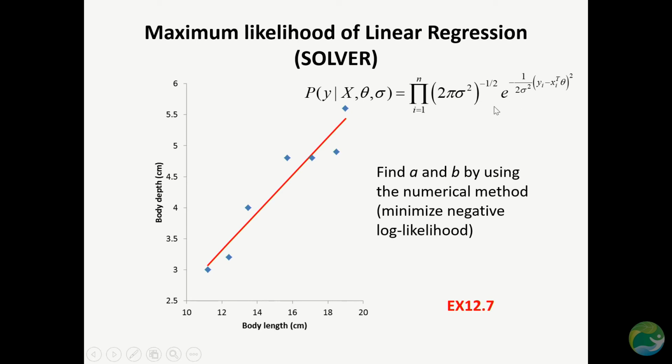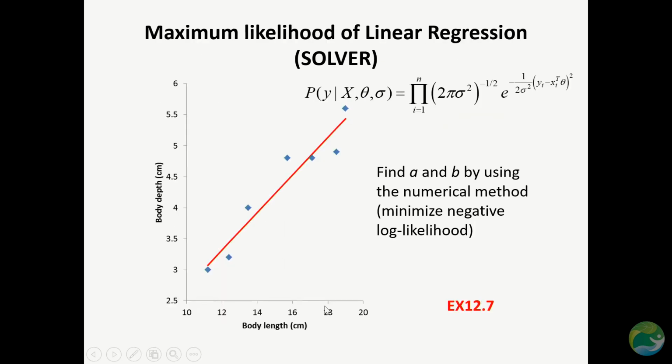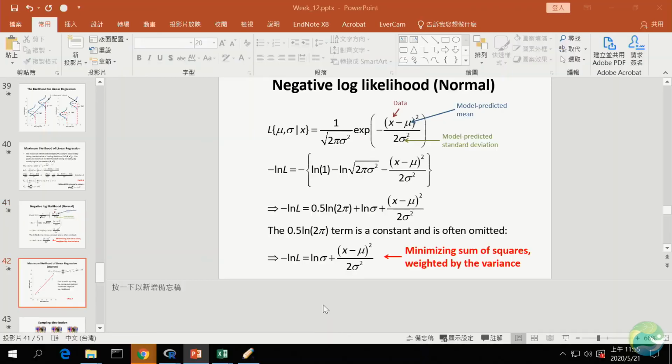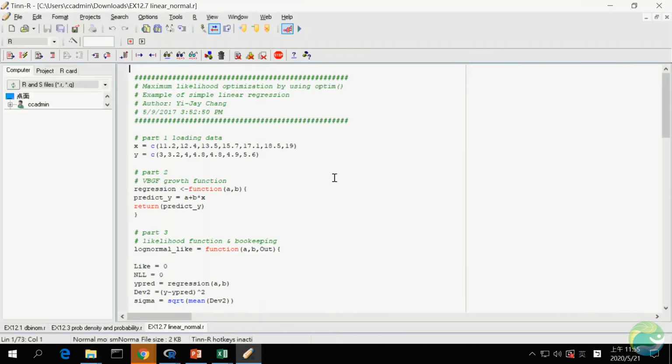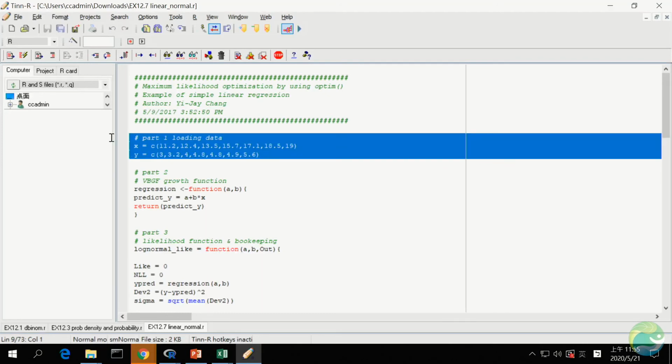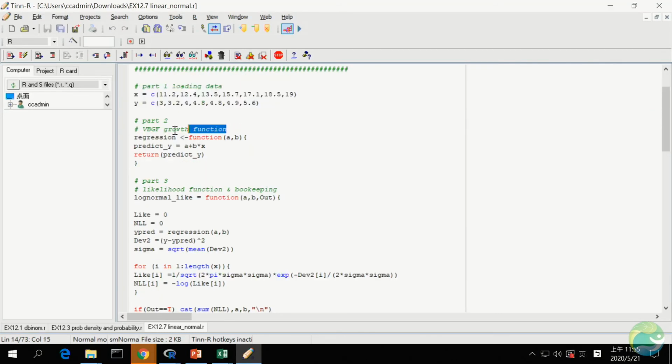Do it by ourselves. In this slide, I showed you the analytical solution, right? I'm going to show you the numerical solution by using the maximum likelihood estimation. Here is the XY value. Oh no, sorry. And here is the linear regression.